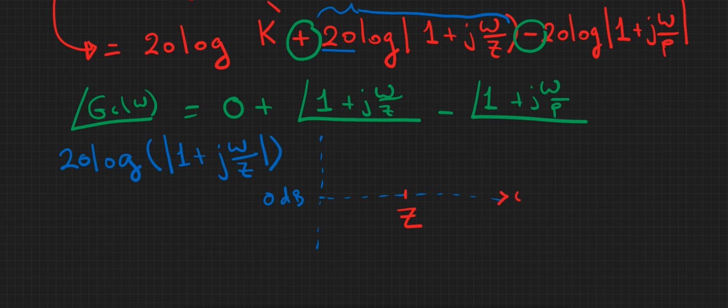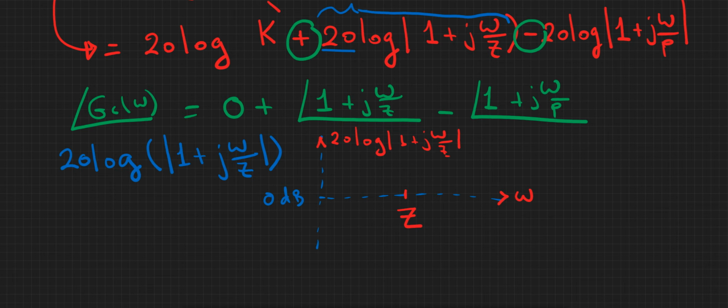Here is omega, and this is the 20 log magnitude of 1 plus j omega over z. So we have two parts.